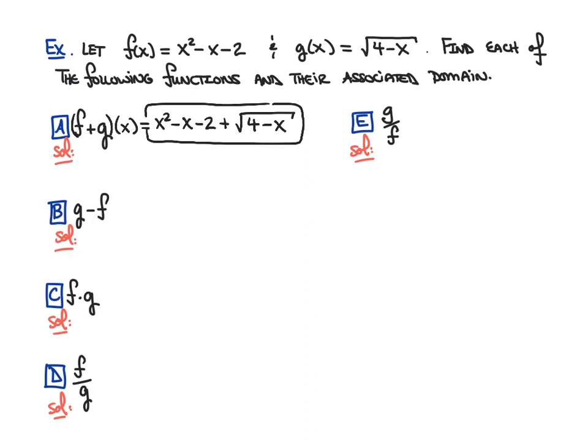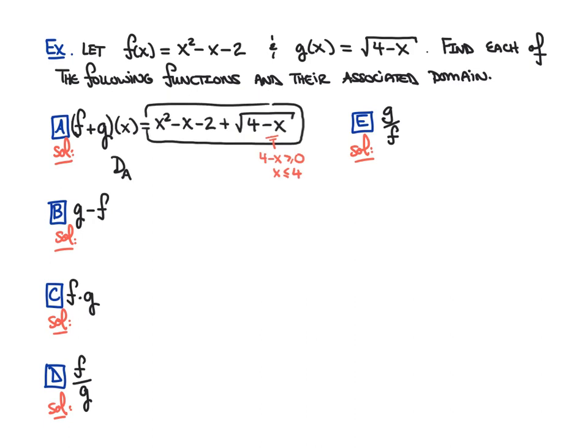Now in terms of the domain, I'm going to call this d sub a, the domain for part A. Well, you need to look at both parts and see what the allowable x values would be, and I know that I can't have negatives under the square root. I need to have that 4 minus x is bigger than or equal to 0, which means that x has to be less than or equal to 4.